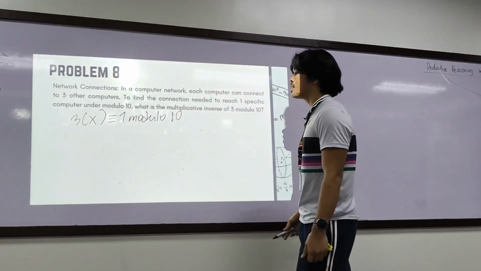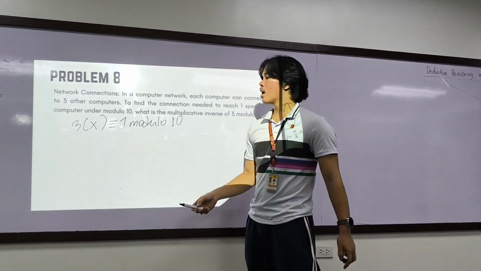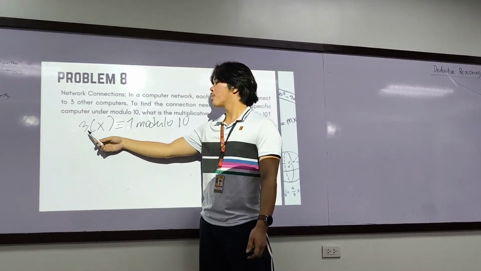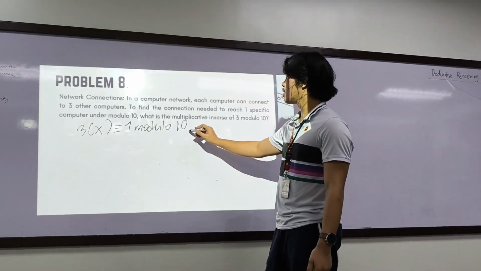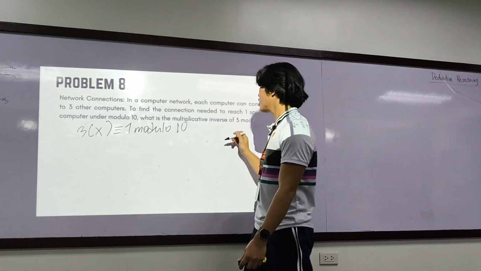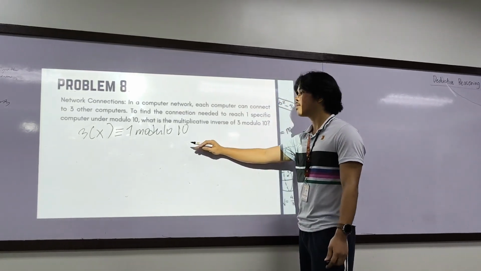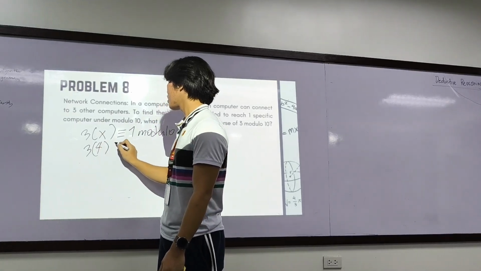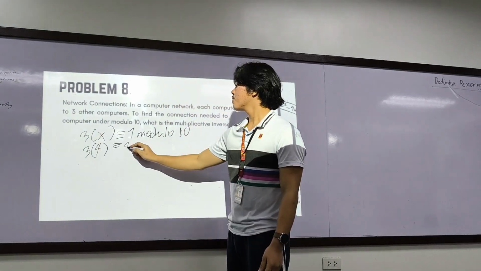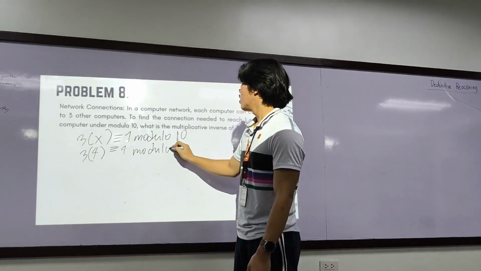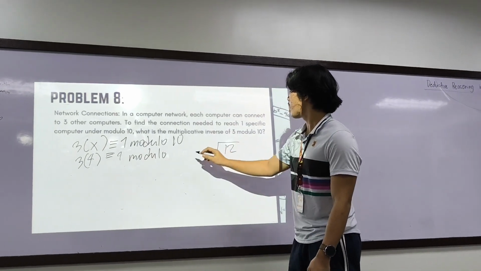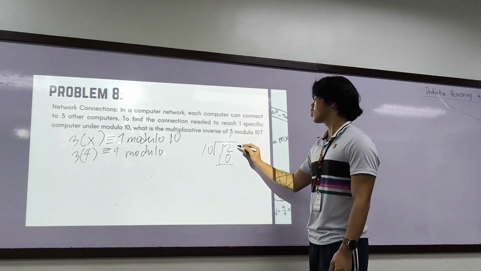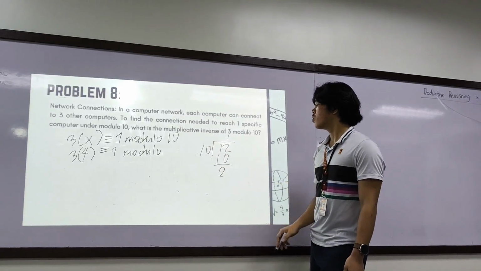So instead of starting at 1, we'll start with a number whose product with 3 exceeds the number 10. 3 times 3 is equal to 9, so it does not exceed the number 10. So we'll start at number 4. 3 times 4 is equal to 12, and when 12 is divided by 10, we have 1, and 1 times 10 is 10, and 12 minus 10 is 2, which is the remainder.